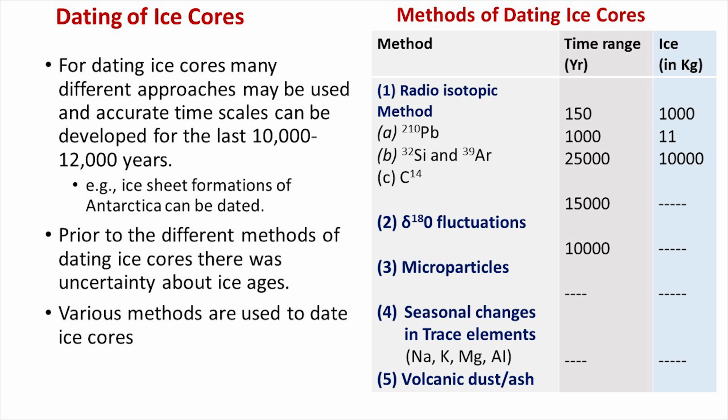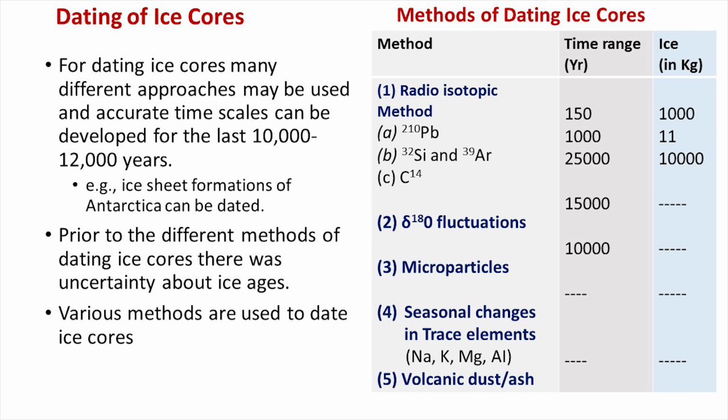These methods include radioisotopic methods, which include the lead 210 isotope method, silicon 32 and argon 39 method, and C14 method. The lead 210 isotope method can date up to 150 years.